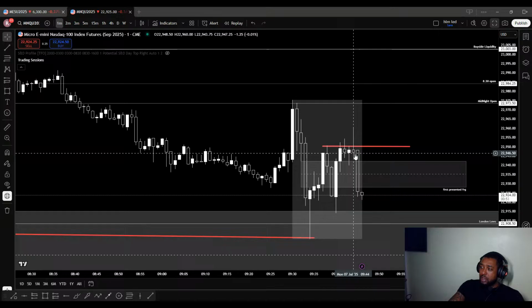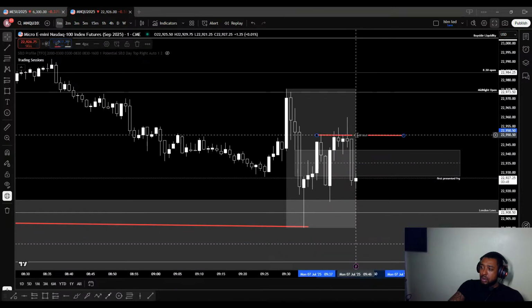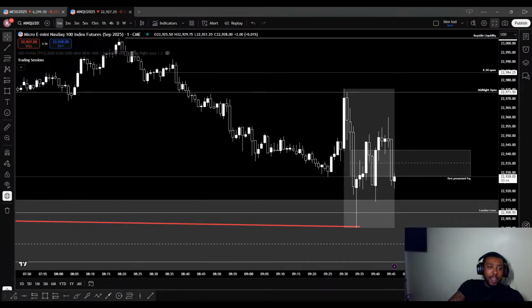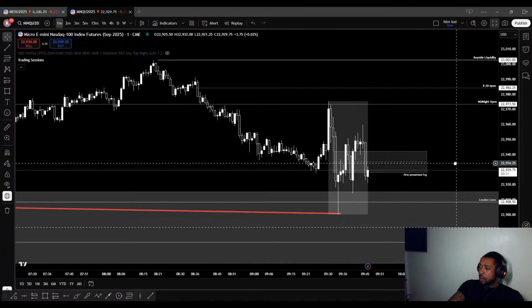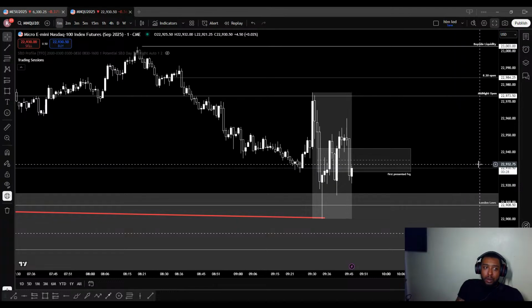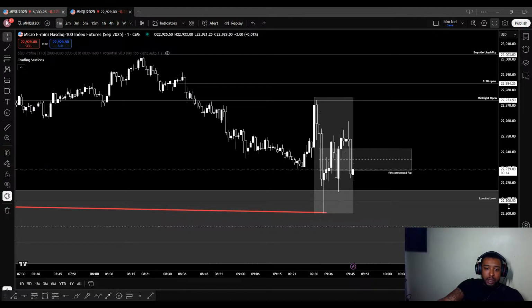It came all the way back down in the last like 10 seconds of the candle. Yo, you just gotta love trading.